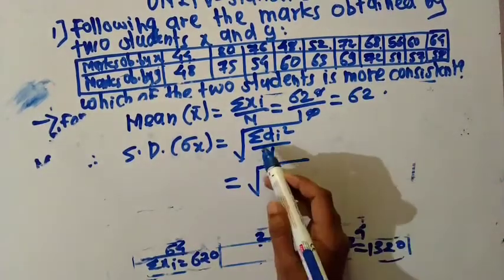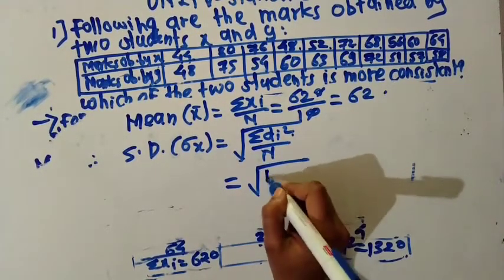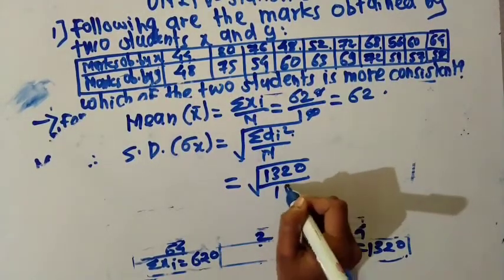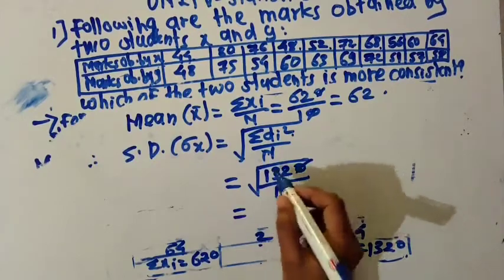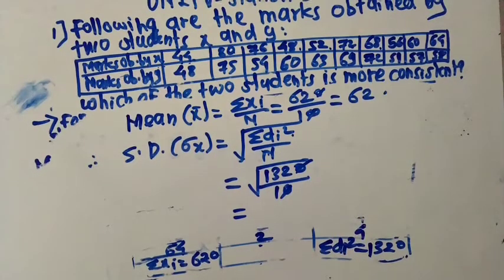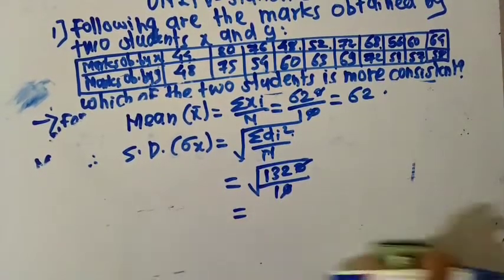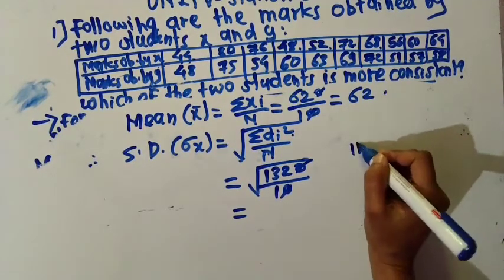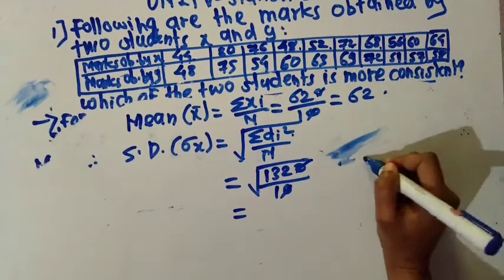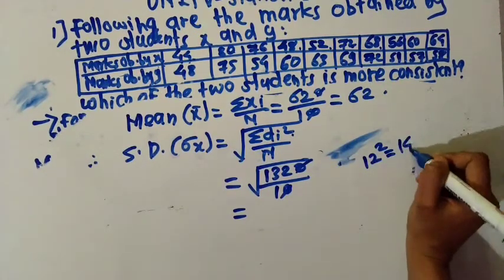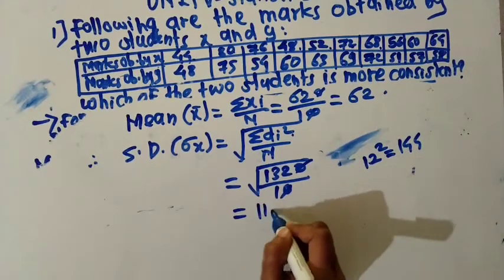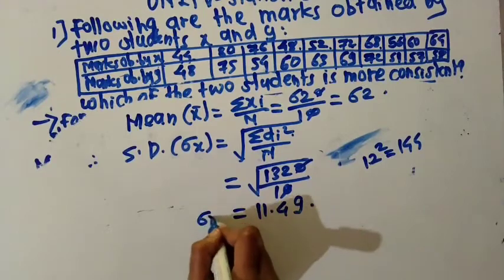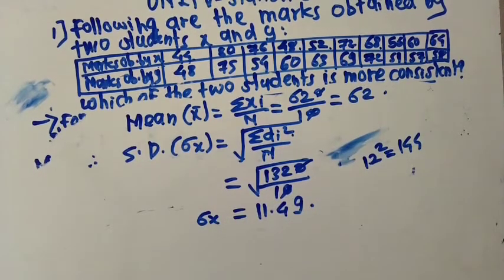The summation of di square is 1320 and n, the total number, is 10. Root 132 is about 11.49, since 12 square is 144. So 11.49 is sigma x.